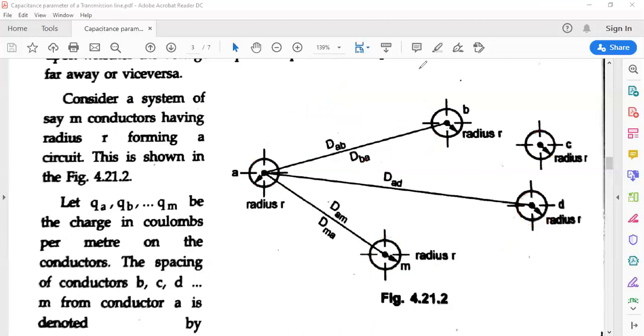So next, moving on, I'll be having QA, QB, and QC be the charge in coulombs per meter on the conductors.